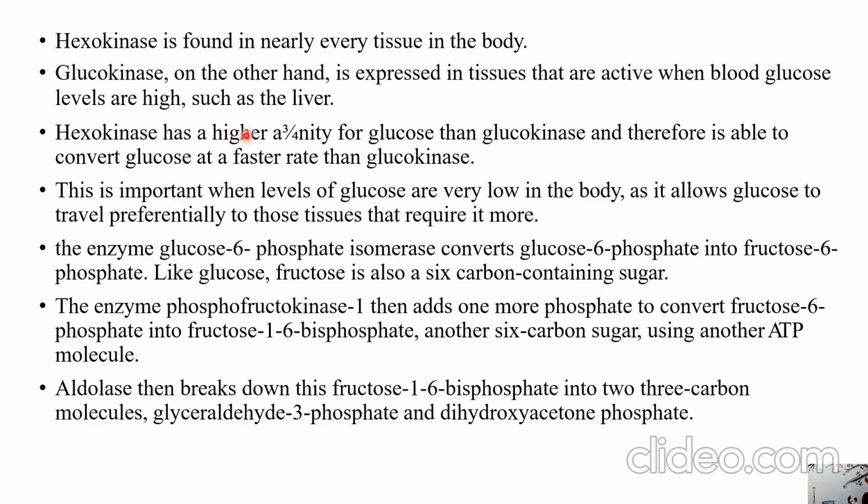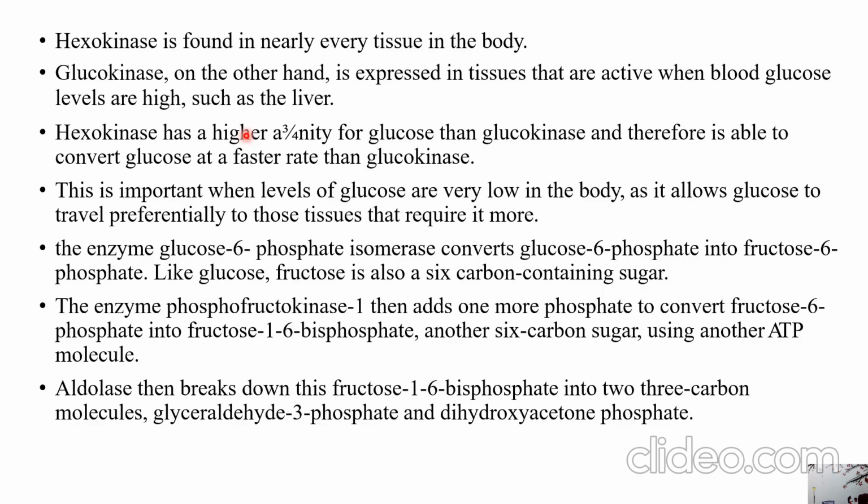So now the enzyme glucose 6-phosphate isomerase converts glucose 6-phosphate into fructose 6-phosphate. And like glucose, fructose is also a 6-carbon containing sugar. The enzyme phosphofructokinase 1 then adds one more phosphate to convert fructose 6-phosphate into fructose 1,6-bisphosphate, another 6-carbon sugar, using another ATP molecule.